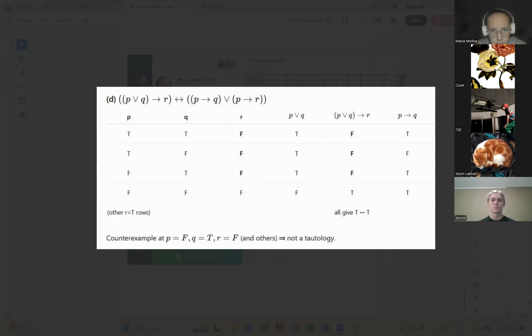That's the symbol for or, right? Yeah, this is the symbol of P or Q. If P or Q, then R. I don't know.